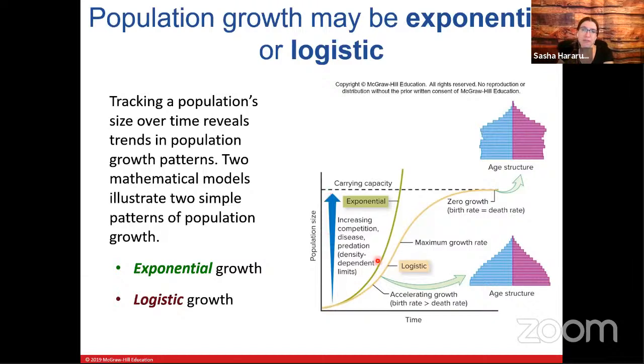Okay, why is there carrying capacity? Because as the population grows, the competition between individuals within a population increases. The competition for resources, the competition for mates, and what else? The rates of disease increase, because the more dense the population is, the better chance that the disease will spread more easily among the individuals.